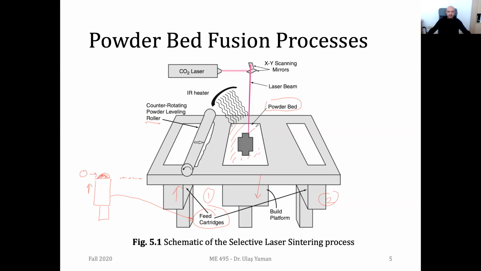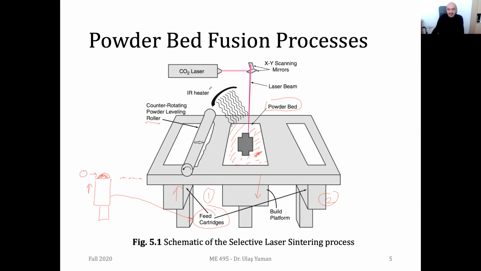And after you have all this powder on the table, what we do, with the help of, let's say, a heat source, is try to join them together. We try to fuse them so that they will shape a solid part. But we are not doing it for the whole layer.